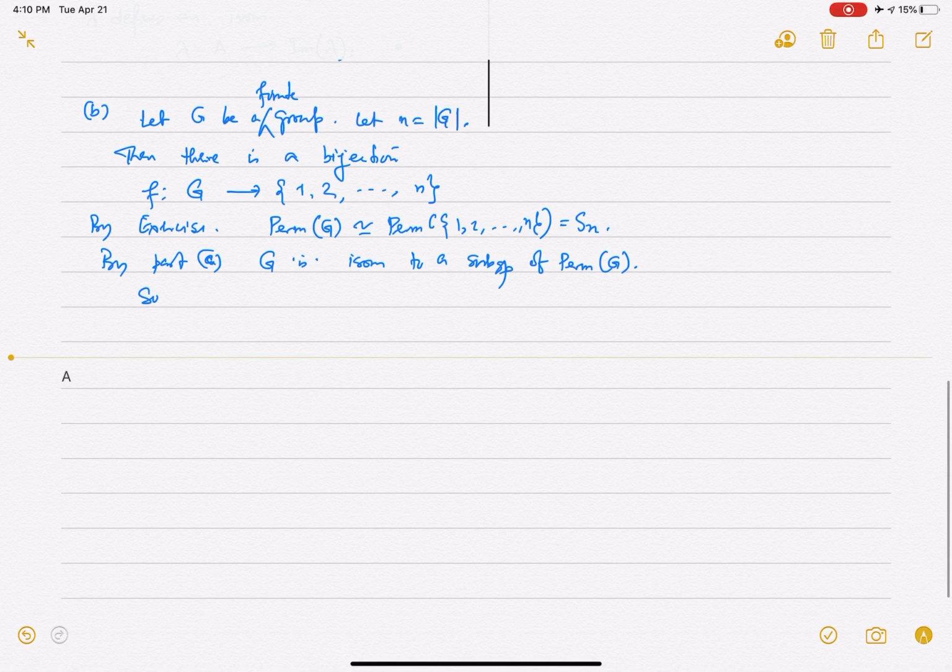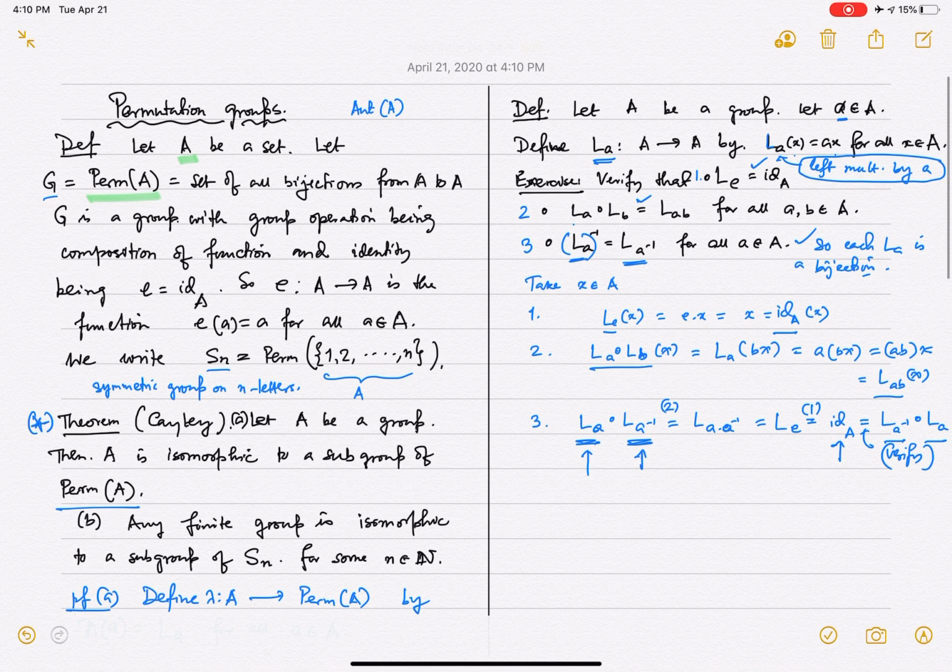So G is isomorphic to a subgroup of S_n. That shows permutation groups are extremely important, so next time we'll study them in detail.